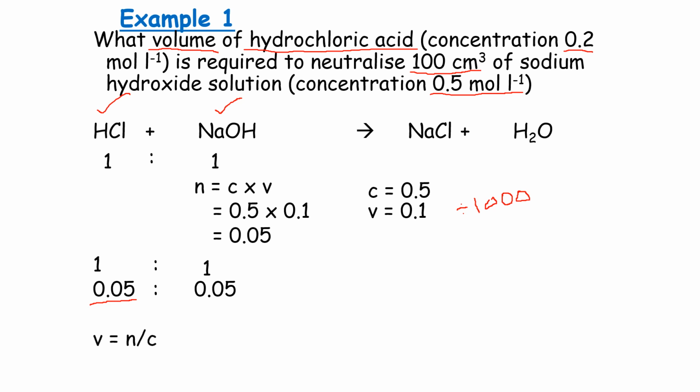So volume is equal to number of moles over concentration, which we now know: our number of moles is 0.05, and our concentration is 0.2 from the question up here. It gives us an answer of 0.25 litres. Just remember to put your units in, volume will always be in litres.